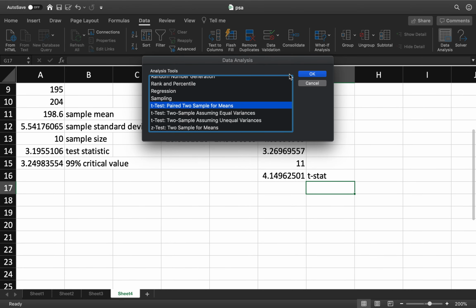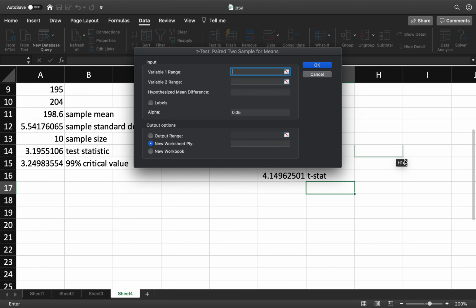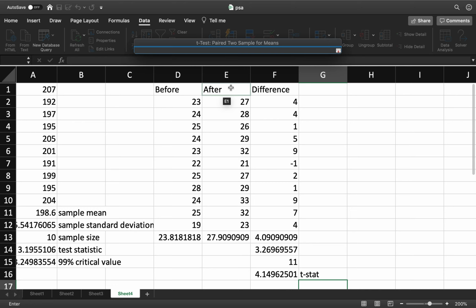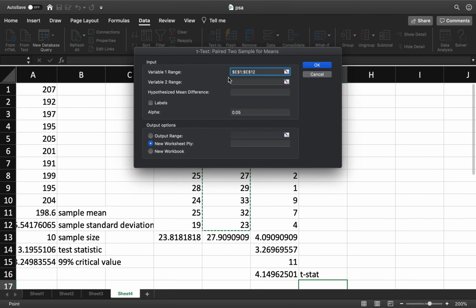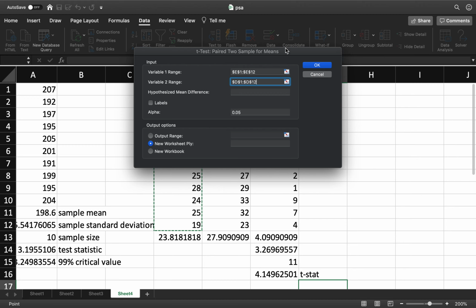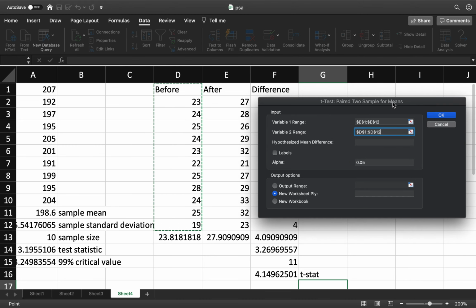So if I go to the data analysis paired two sample for means, all I have to do is variable 1 is the before, or we could even have it as the after. Variable 2 is the before. Just click it. You can see how E is the after, D is the before.